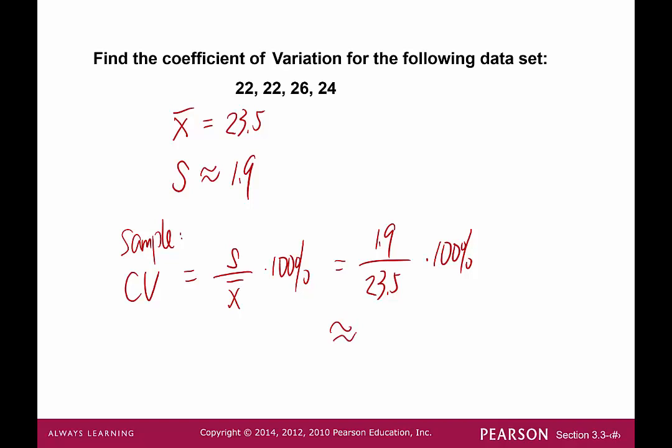And this approximately, let's see what that is, 0.081, and it turned out to be 8.1%. So the coefficient of variation for this particular sample is 8.1%. Okay, and that's how we calculate that. Just need to know the sample mean and the sample standard deviation, and find the ratio of those two.